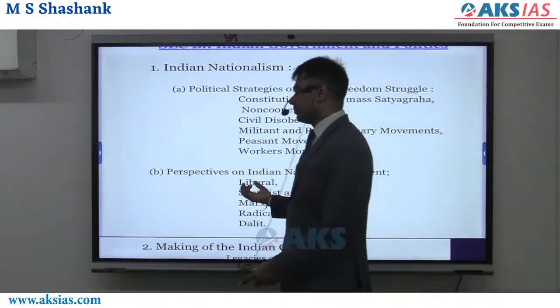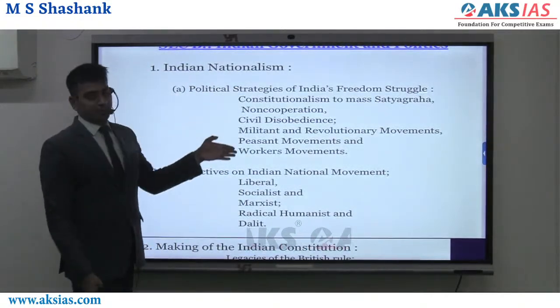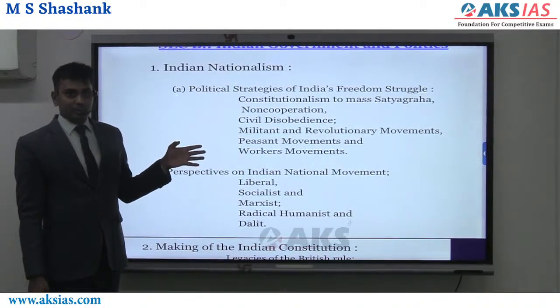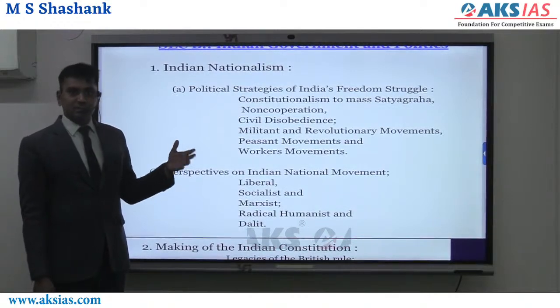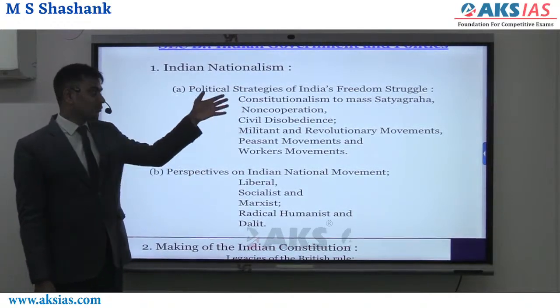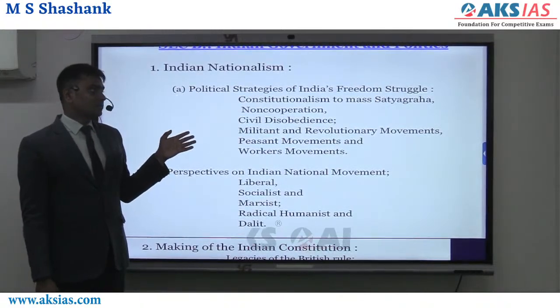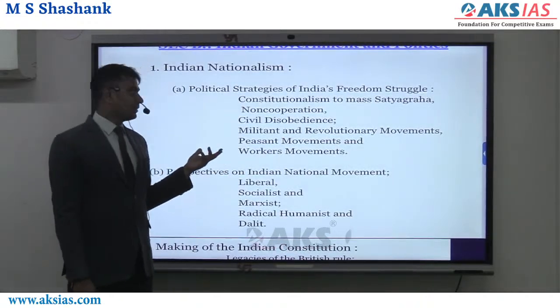If you observe these movements, there were some strategies that were adopted. The strategies of Gandhiism, liberalism, Marxism and fascism were applied in these areas. If you look at constitutional to mass satyagraha, it means the peace movement of Gandhiism.